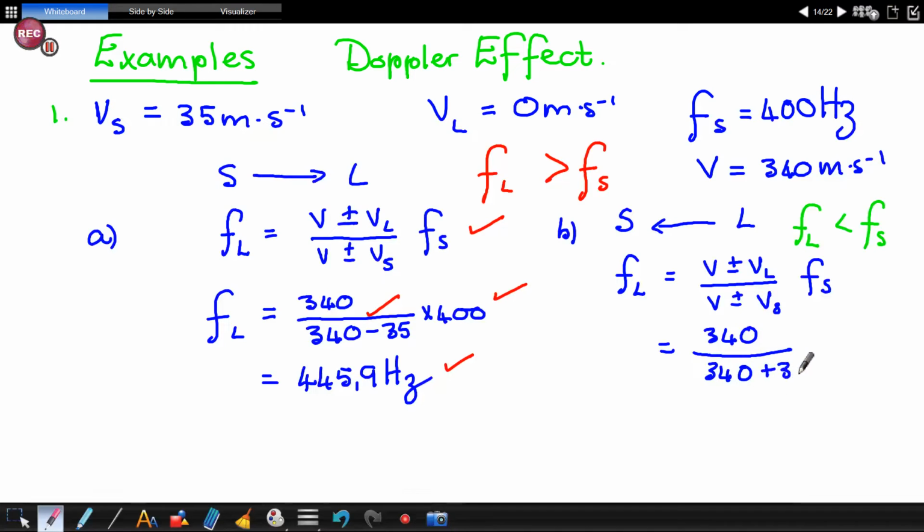Plus 35 times 400. That gives 362.67 hertz. So the same working applies for that one.